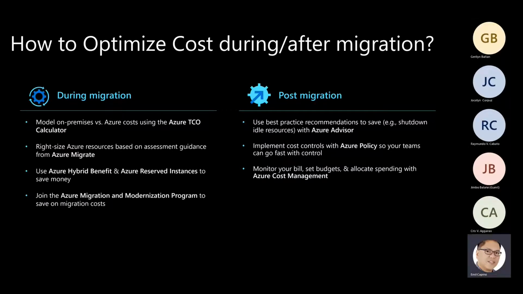Then you can use it to help you build your business case and get approval for the migration. And then you can use Azure Migrate to right-size the resources that you'll be needing.